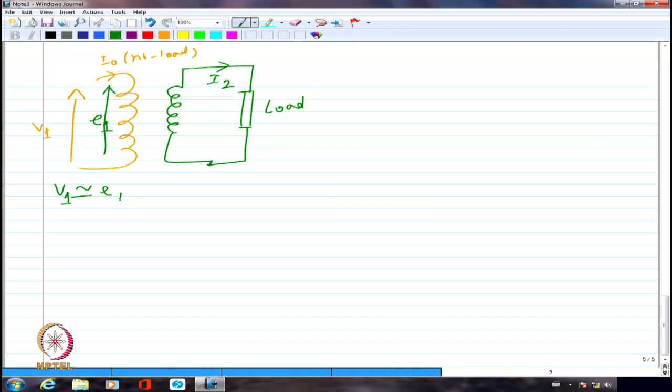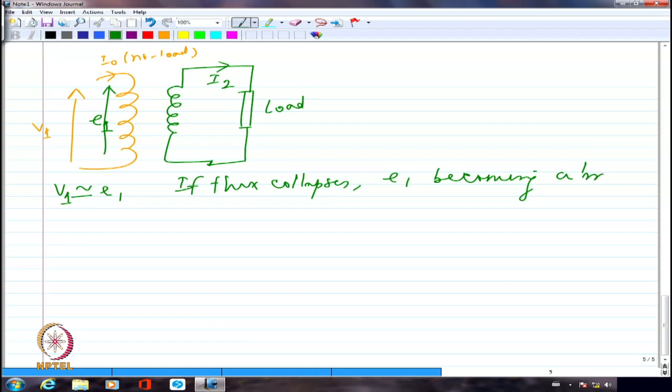Now, if flux collapses, I am going to have E1 becoming almost 0. If E1 becomes almost 0, the current that will be gushing into the primary winding, which will be V1 minus E1 divided by the impedance of the primary winding, will become really, really large.